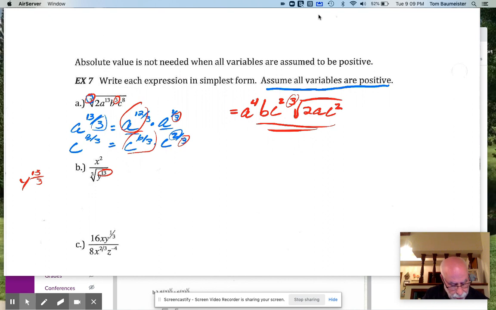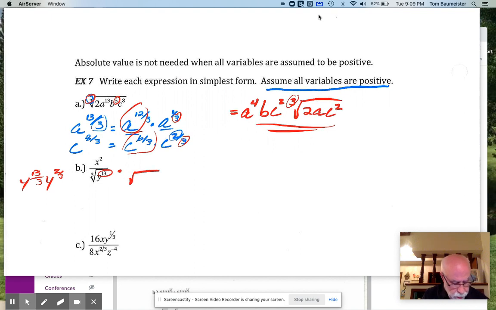So what can I add to that 13 thirds to get a number that is a whole number? All right. So if you think about it, let's see, I can do 2/3, or think about what I just have been saying here. That would be the third root of y squared.